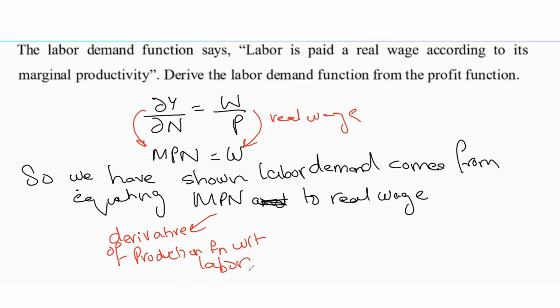And here MPN represents the marginal benefit of hiring a new worker and the real wage represents the marginal cost of hiring a new worker. So in this way we can derive the labor demand curve from the profit function.